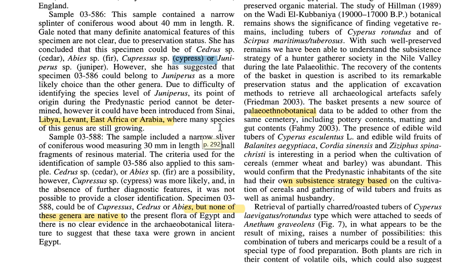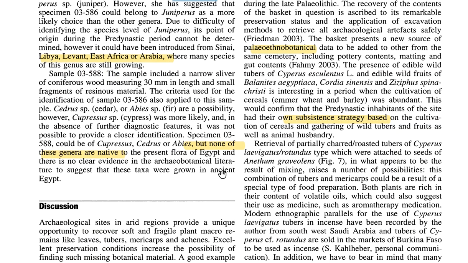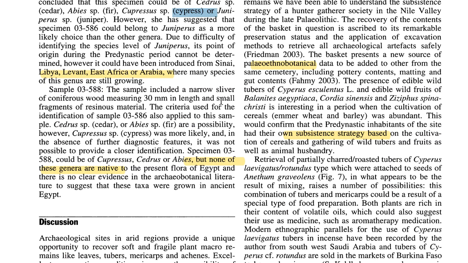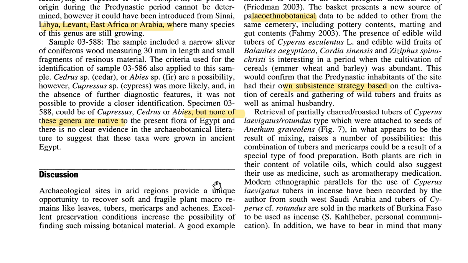So we're talking about the pre-dynastic period and trade. Somehow this woman got a piece of wood in her bag, so it was put in there when she was buried. It's probably coming from the Sinai Peninsula, Libya, the Levant, which is the Middle East, East Africa, or Arabia. And that's really interesting because it tells us not only about food that she's eating, but it can also tell us about trade in this particular area.